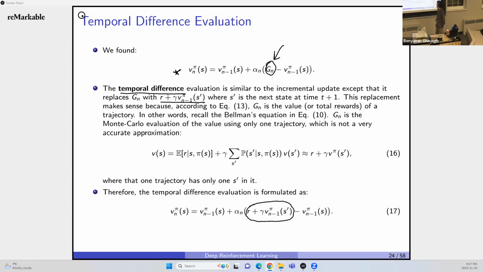In other words, what are they doing? Recall the Bellman equation. This was the Bellman equation for value. Basically, they say, rather than this total discounted value, G_n, which is the whole thing, right? Do you agree that the Bellman equation is also the total discounted reward, but recursively?